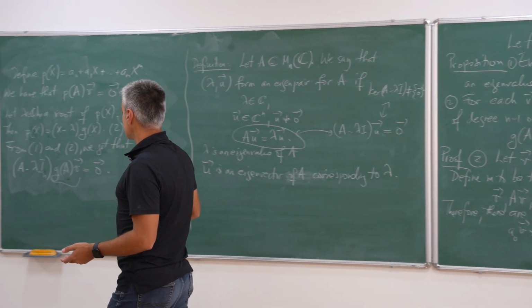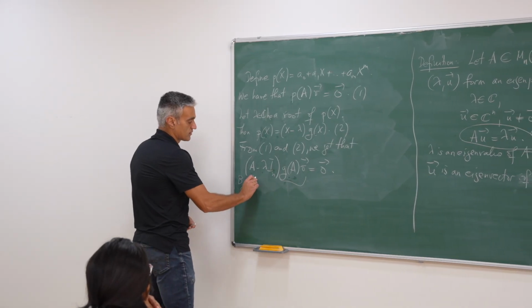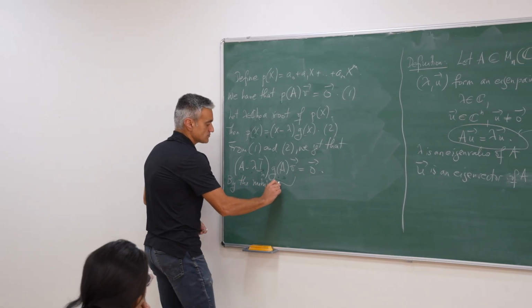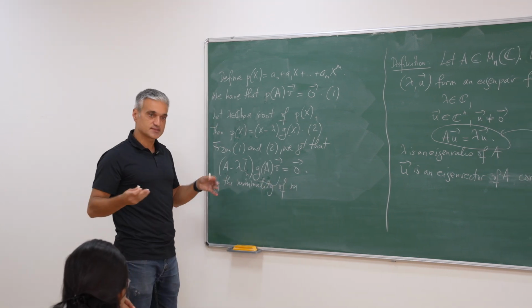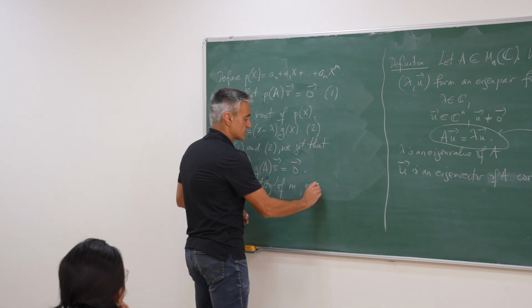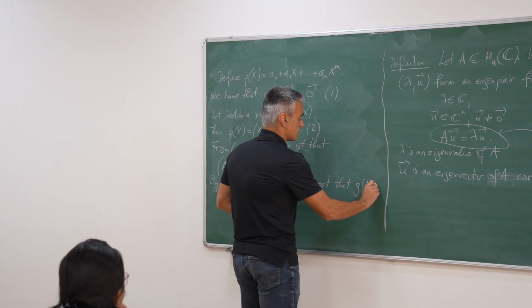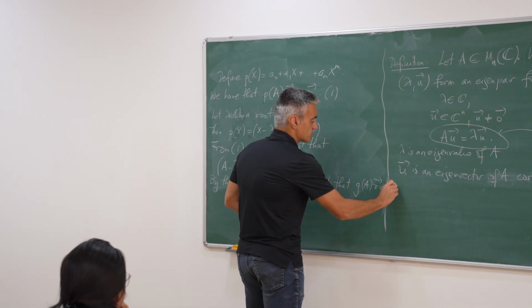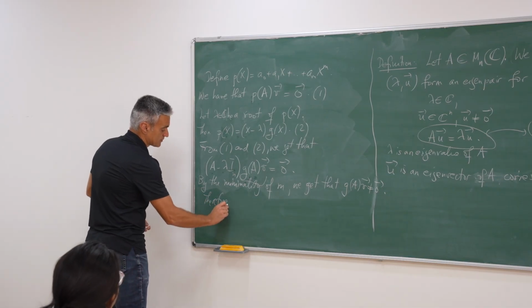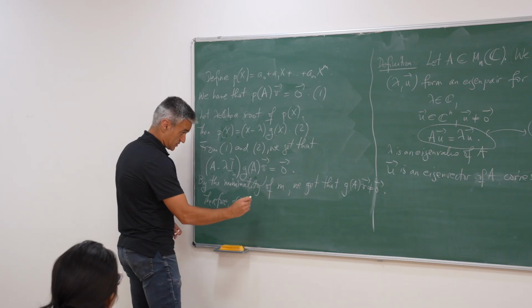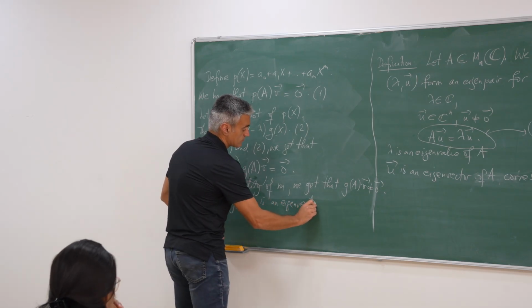And so here, this g of A has smaller degree, so you can say by the minimality of m, by the definition of m, the fact that it's the smallest such, we get that g of A of V is not the zero vector. And now that's the conclusion, therefore g of A of V is an eigenvector of A.